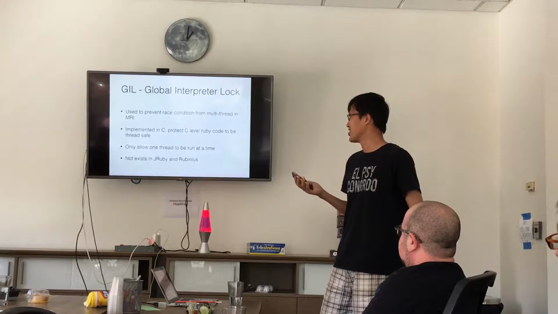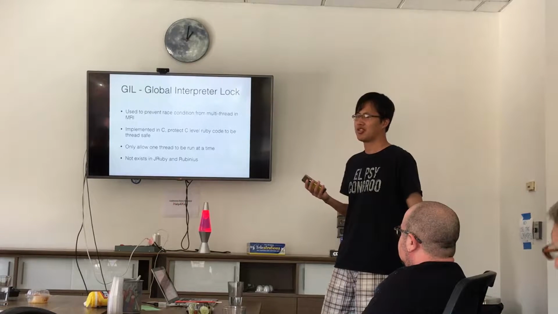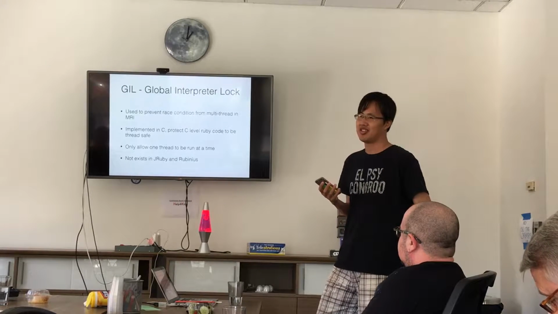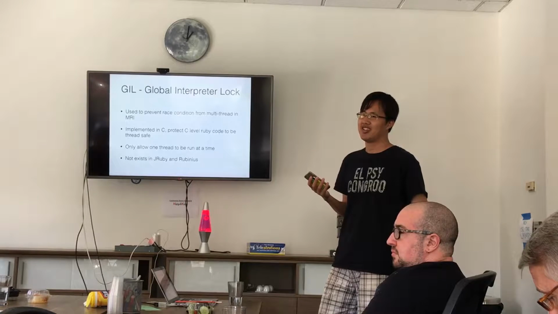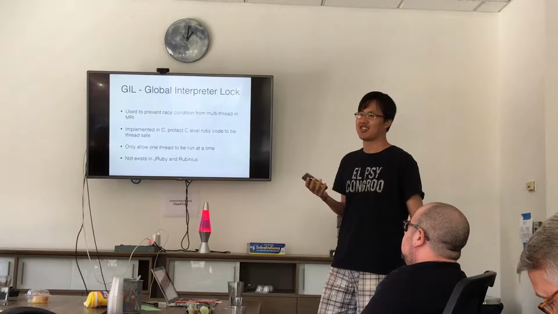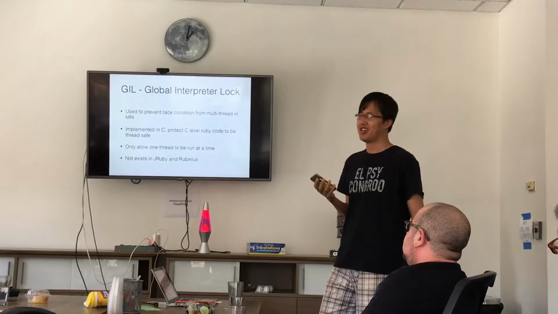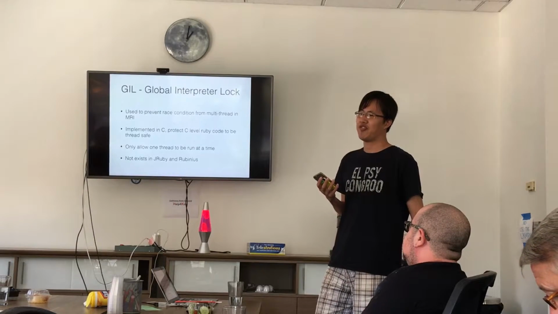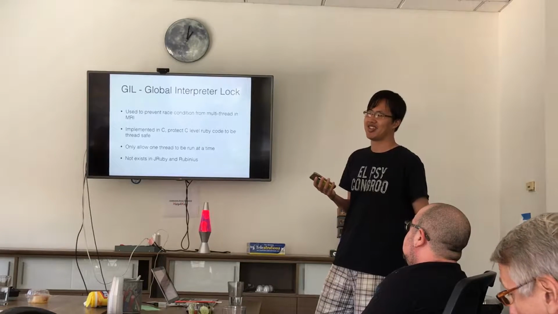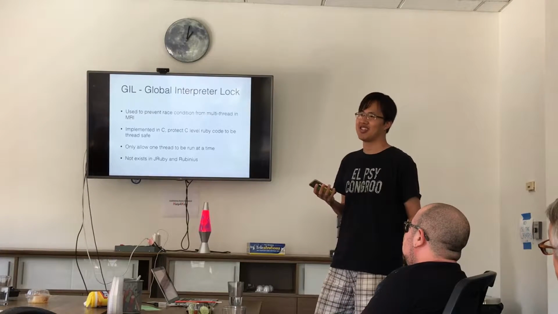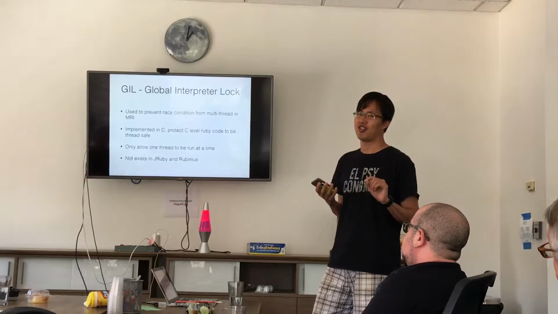This thing does not exist in JRuby and Rubinius, which are other Ruby implementations. JRuby solves this by dropping all support for C extensions. They just tell you to write everything in Java. Rubinius has more fine-grained lock control. I heard they have about 30 locks, each controlling a small part.